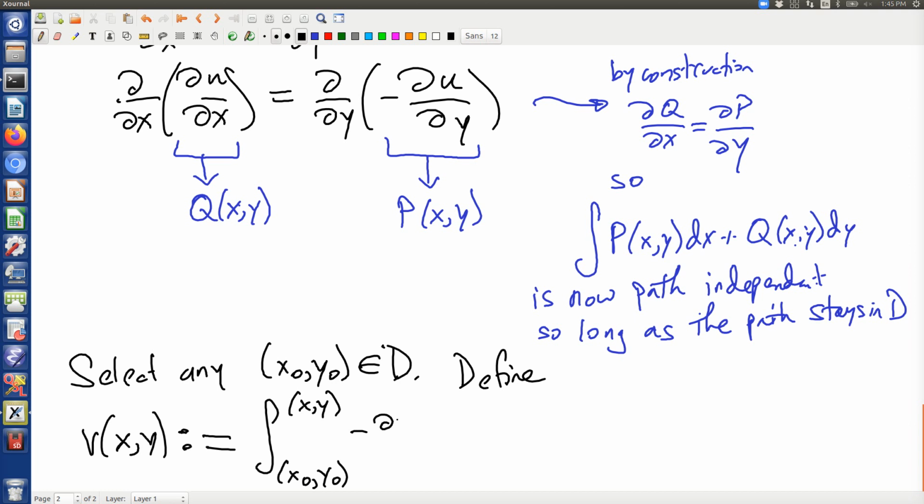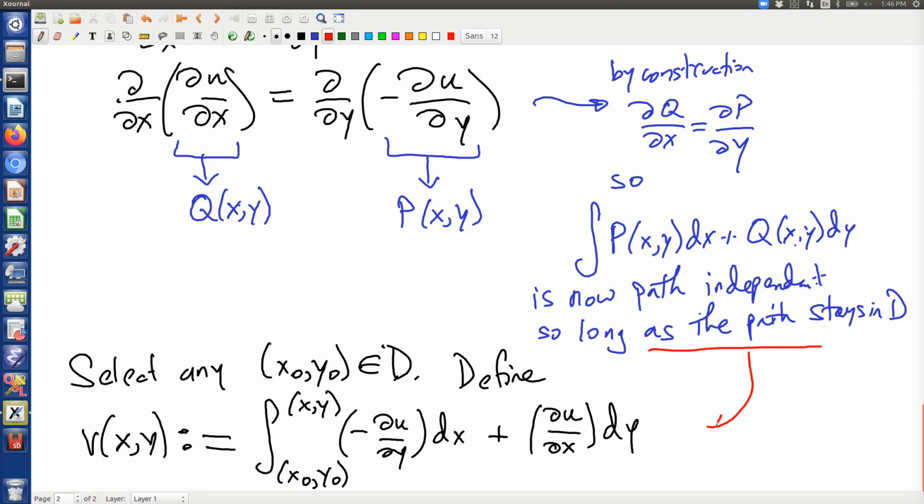So minus partial u y dx, that's the p. That's the y. So this definition is well defined because of this path independence. So because of this path independence, this formula for V is well defined.